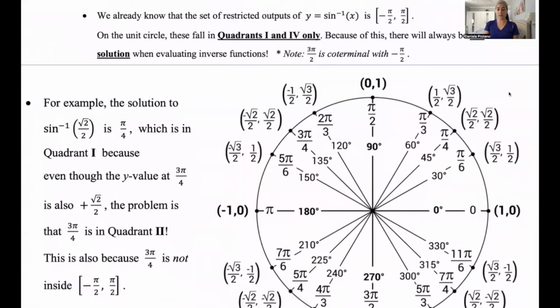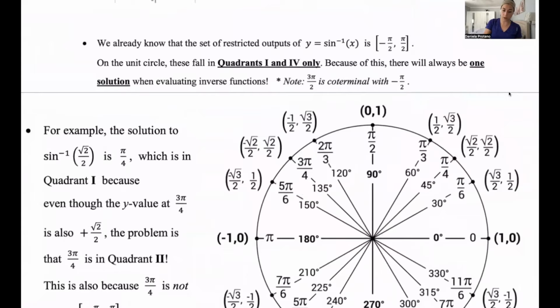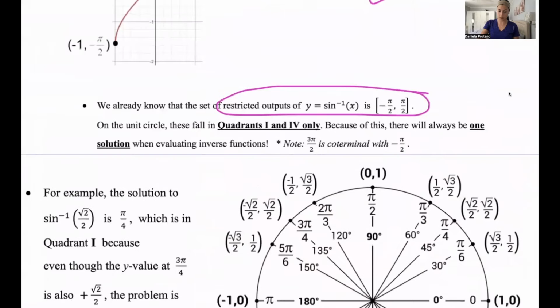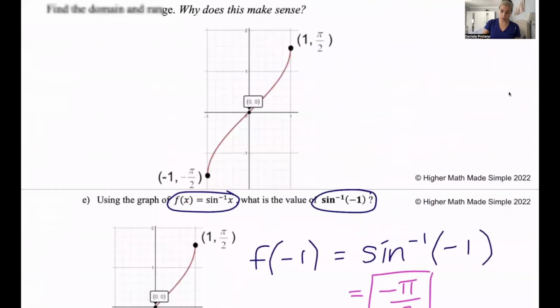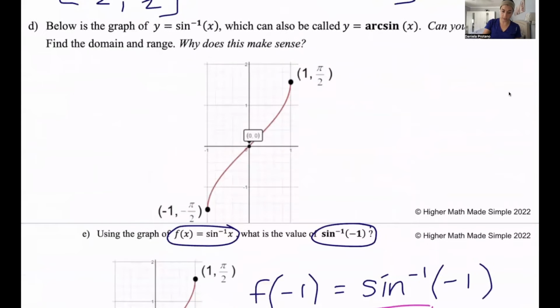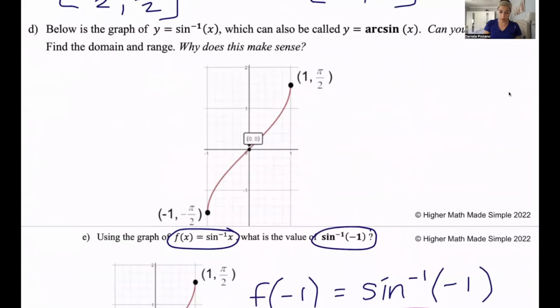We just finished talking about how the restricted range is from -pi/2 to +pi/2. So actually, that's one thing I missed up here. I forgot to actually answer this question: find the domain and range.